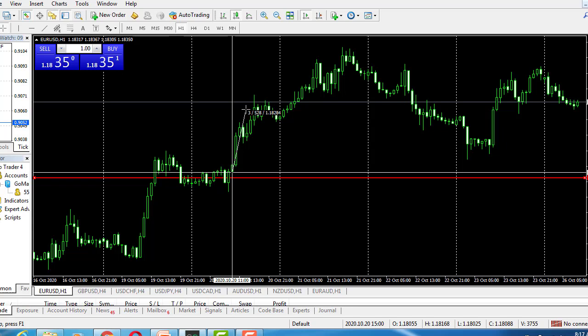The same calculation applies anywhere. Once you know your value per pip for a particular currency pair, and you know the number of pips in the case of loss and profit, you can do your profit and loss calculation very, very simply.